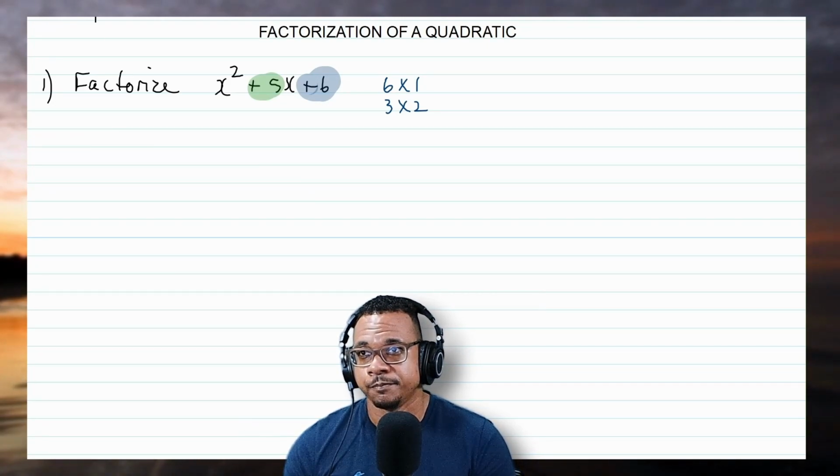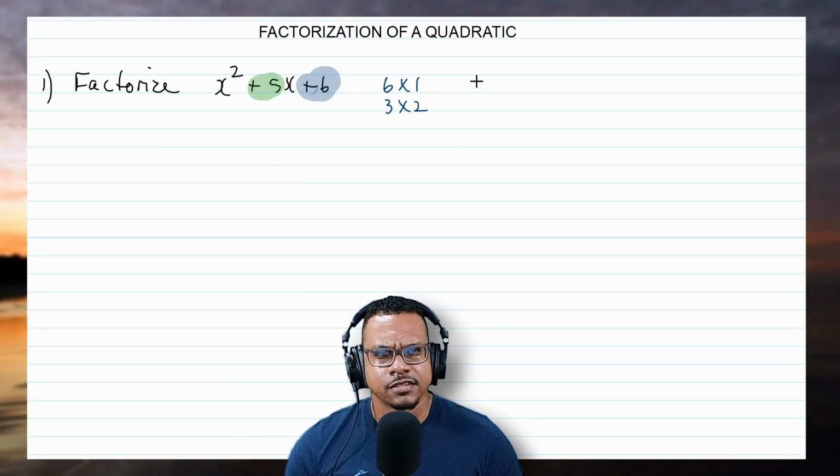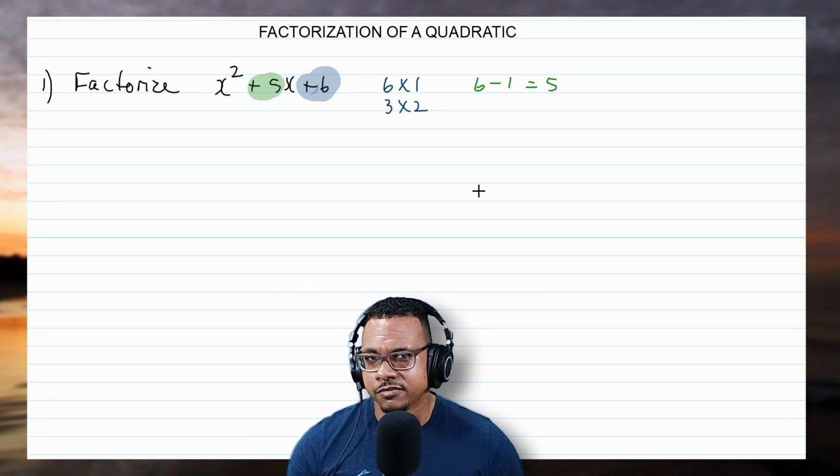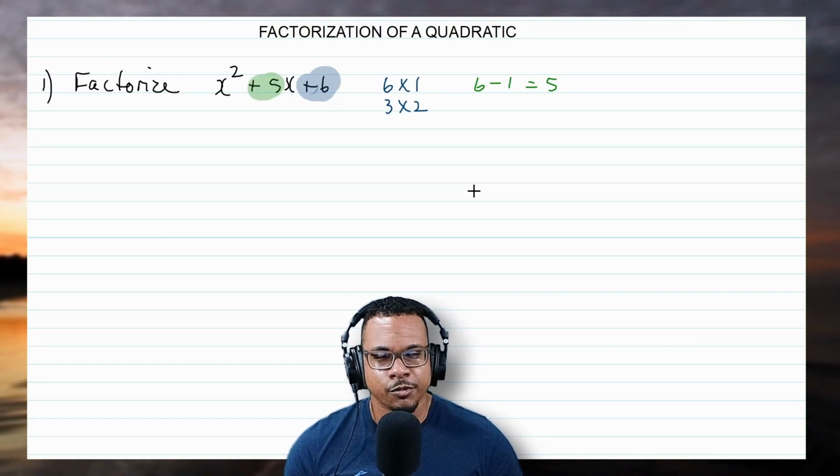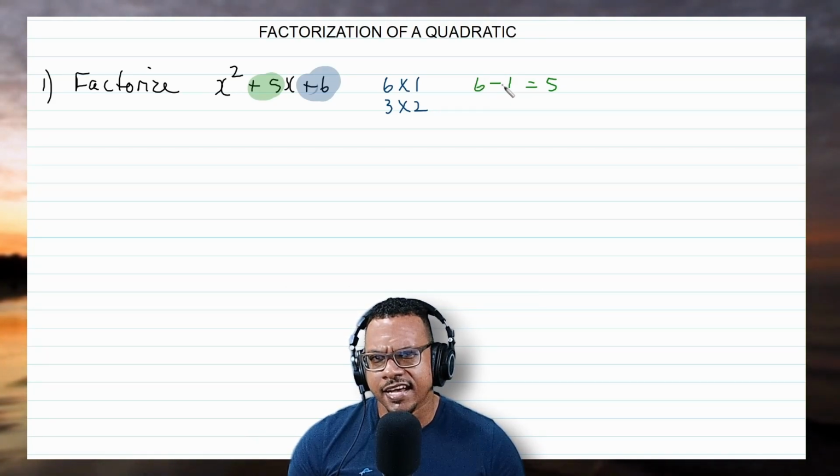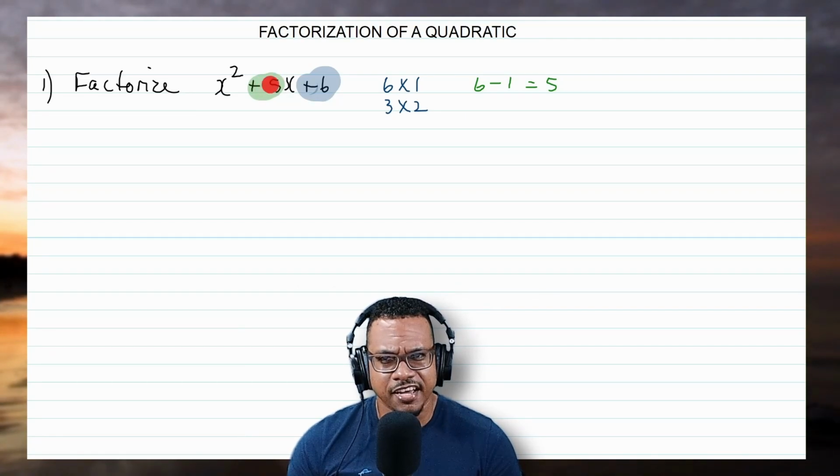Because I could write 6 take away 1, which would be 5, all right? And of course, 3 plus 2 is 5. But let's deal with 6 take away 1 first, all right? Now, when I say 6 and negative 1, 6 take away 1 is positive 5. I'm getting this positive 5 here.